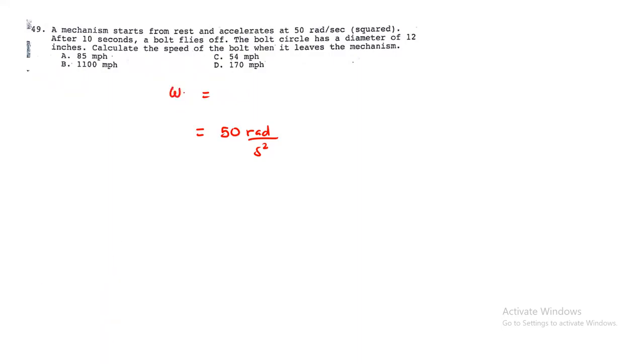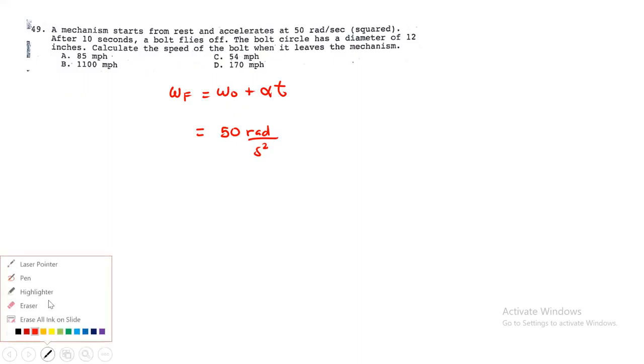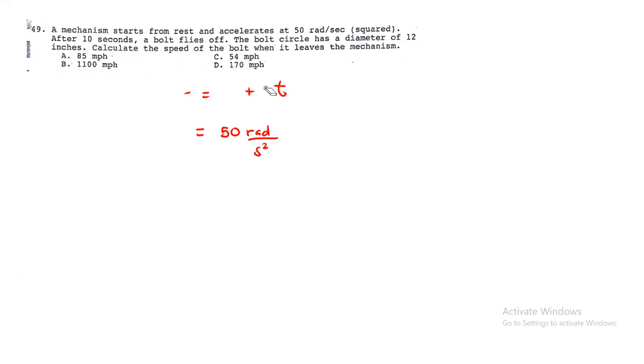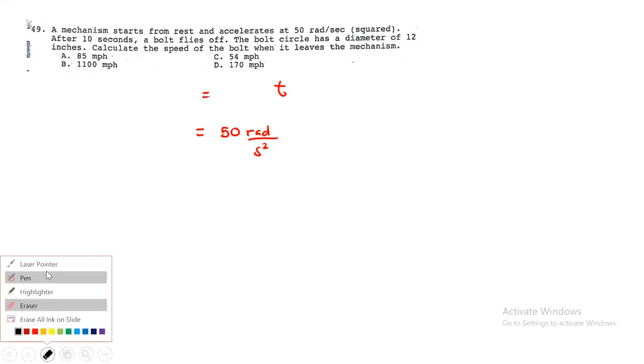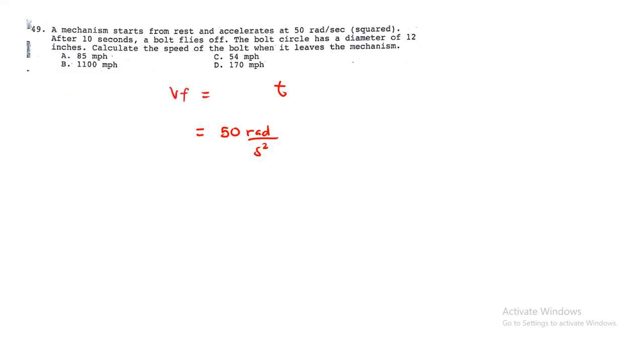Wf is equals to Wo plus alpha times time. Pero hindi pala, dahil inaanap pala is speed in miles per hour. So tama lang, Vf is equals to Vo plus At. Then, para makuha natin itong Vo, kunin muna pala natin si Vo.